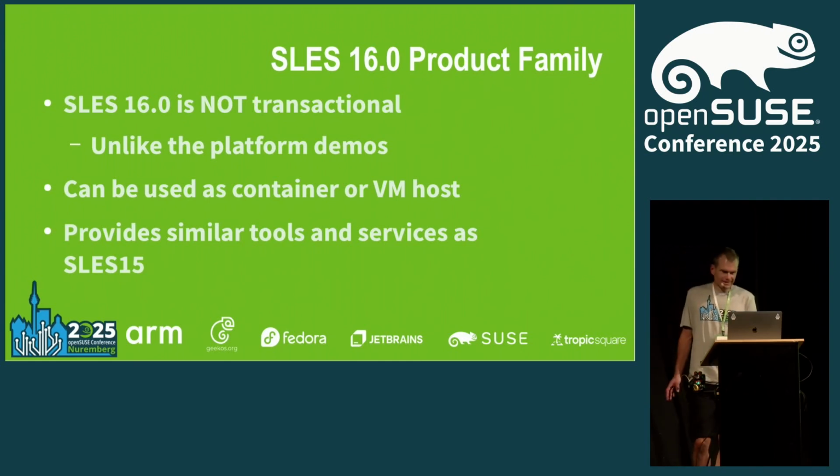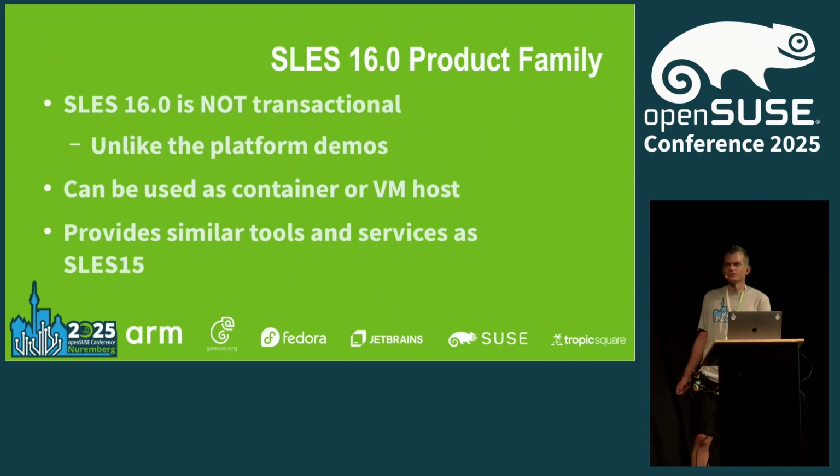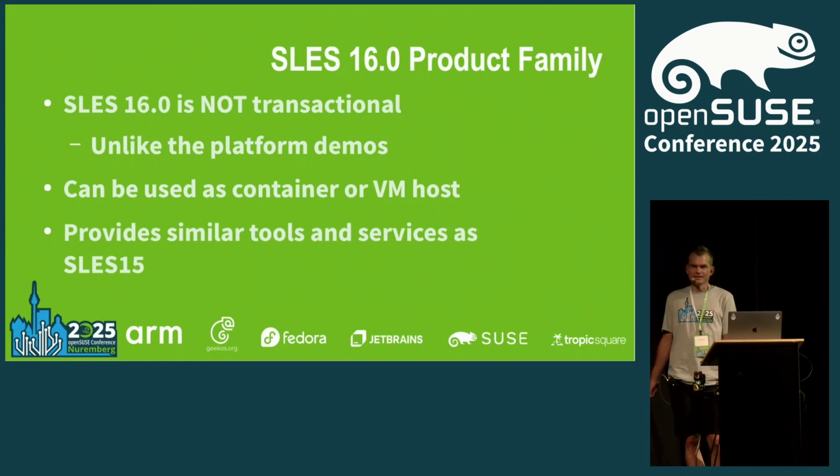Also, it can, in fact, serve all the use cases which Micro can. I mean, namely, it can be used as a container host for running containerized workloads via the same container engines as Micro. It includes the full virtualization stack, which means you can run virtual machines, again, the same as Micro.